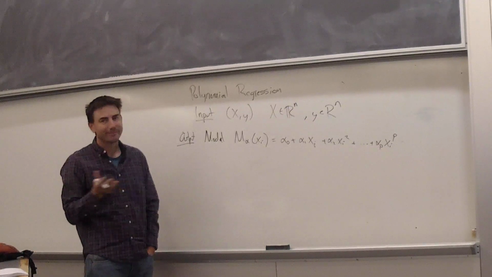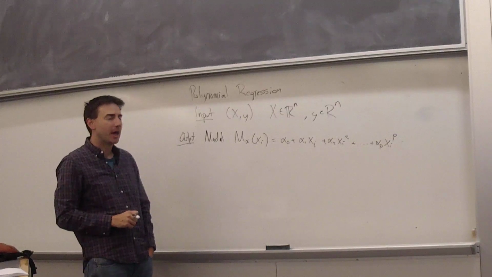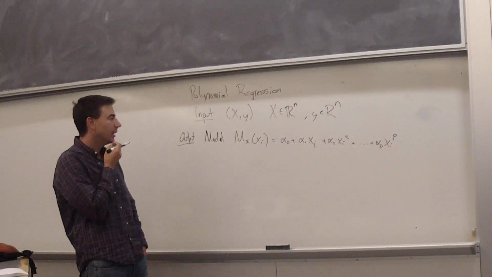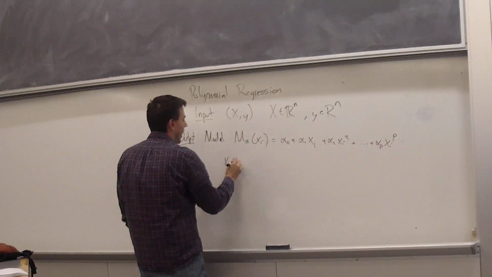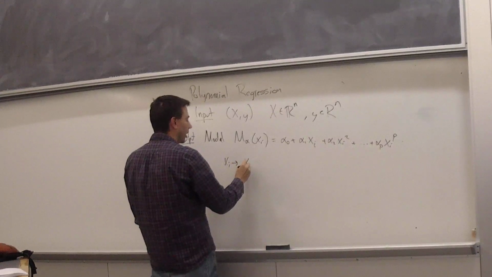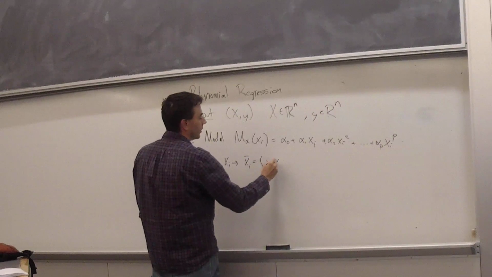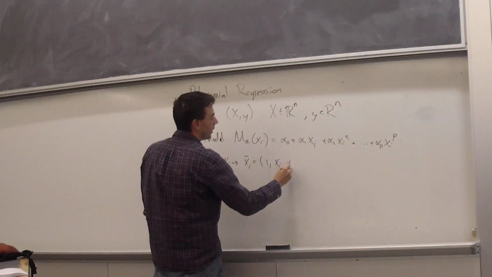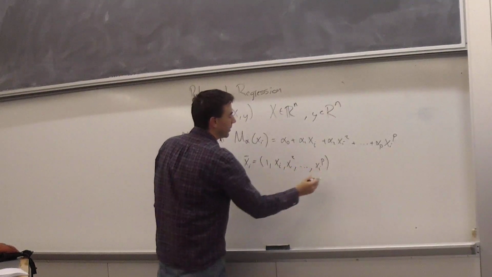And so this seems much more complicated than just linear regression, but I can think of writing xi into some sort of vector of 1, xi, xi squared, up to xi to the pth power.